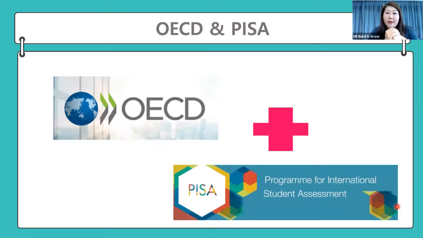And one of the programs under OECD is PISA. PISA is pretty simple. They just get together and assess students around the world and then predict that nation's economic future based on students' performance.